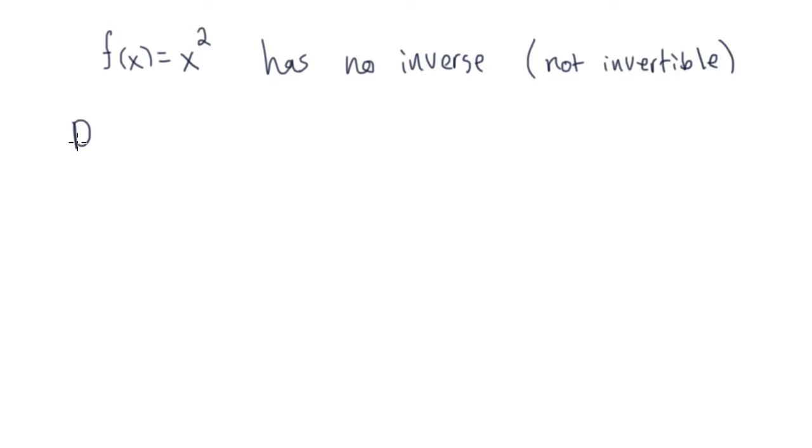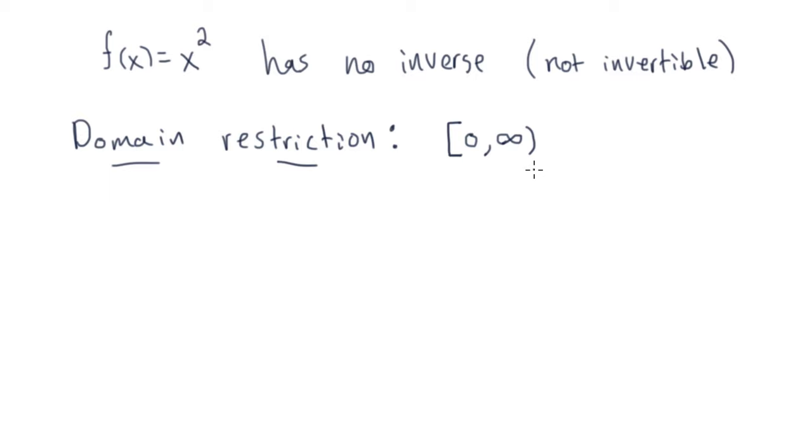So if I put a domain restriction, and by domain restriction, all I'm doing is just throwing out certain values that I don't want to consider in the domain. And in this case, those are the negative numbers. So I'm going to restrict my function f to the set 0 to infinity, and I'll include 0. And so on this restriction, the function x squared is 1 to 1.